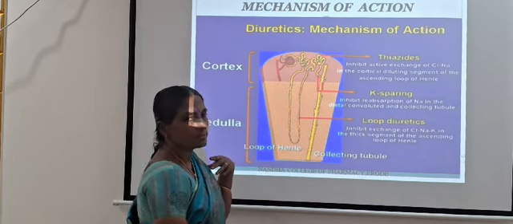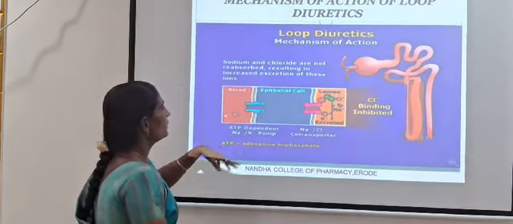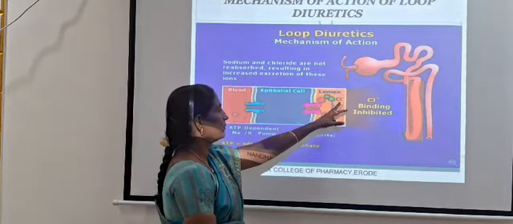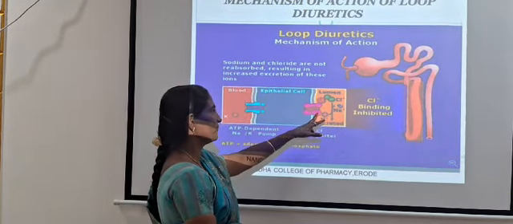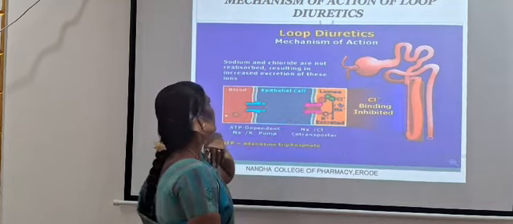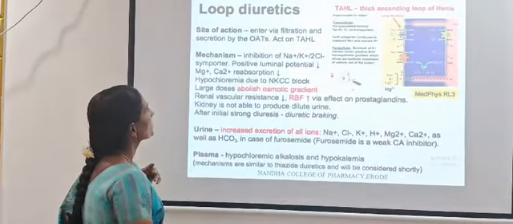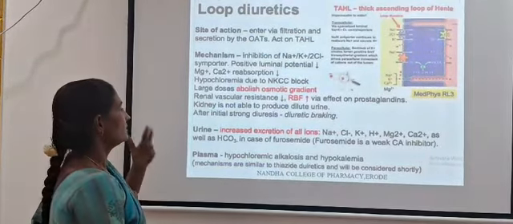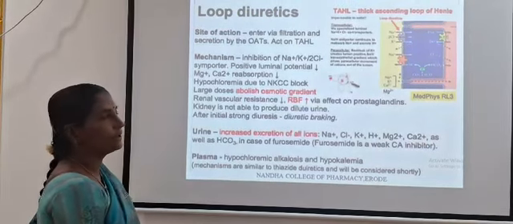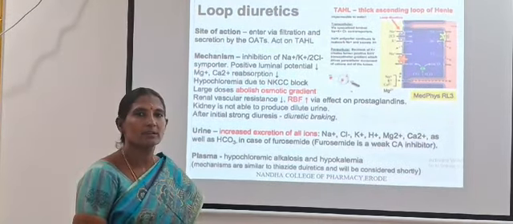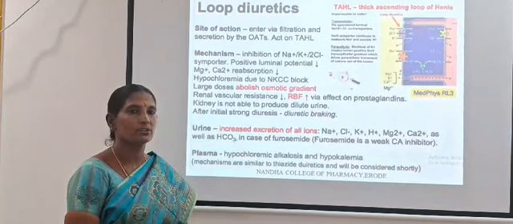So this is the loop. It blocks the sodium, chloride and potassium symport, so it prevents the reabsorption of these ions. The main uses of loop diuretics: it acts as a diuretic and is a primary drug of choice for hypertension.